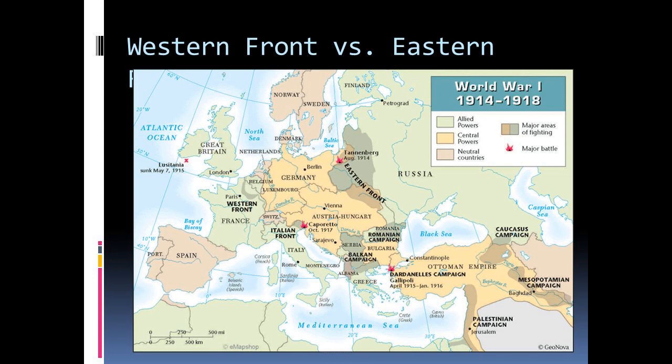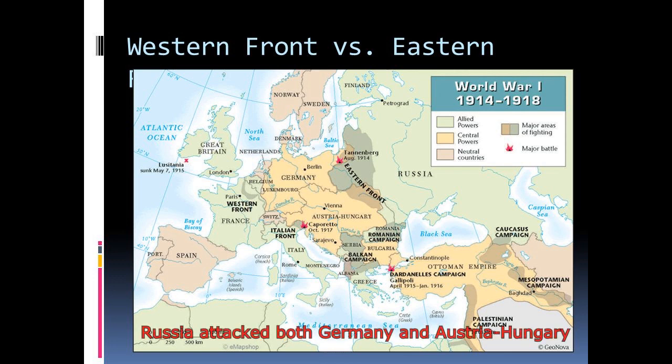These battles were characterized by attacks on both fronts. There were attacks on the Western Front, and there were attacks on the Eastern Front. So we have Austria-Hungary attacking Serbia first in the south. Then we have Russia attacking both Germany and Austria-Hungary.